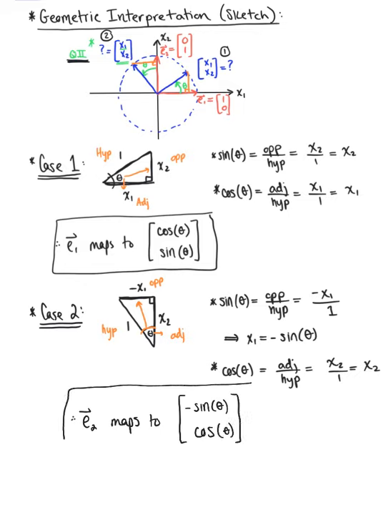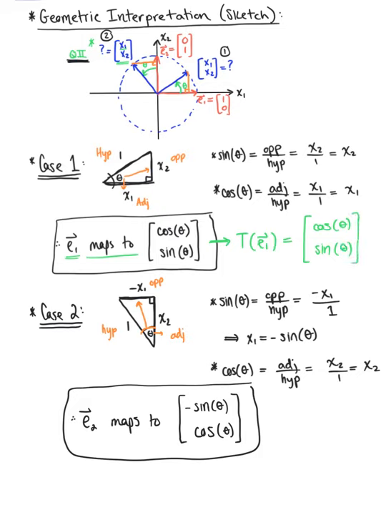So we have everything that we need. Let's make one final note to ourselves. When we say that this elementary vector e sub 1 is mapping to this vector, another way to say that is that the image of the elementary vector e sub 1 under the action of our transformation T is equal to the vector with components cosine of theta, sine of theta.